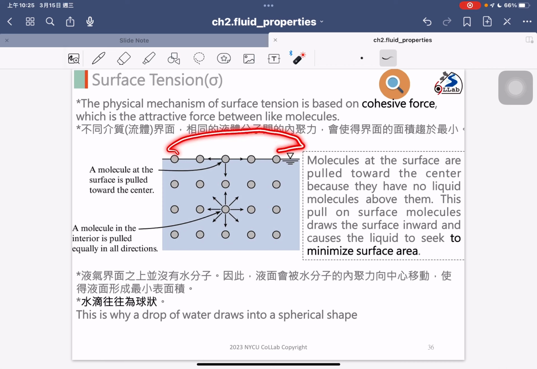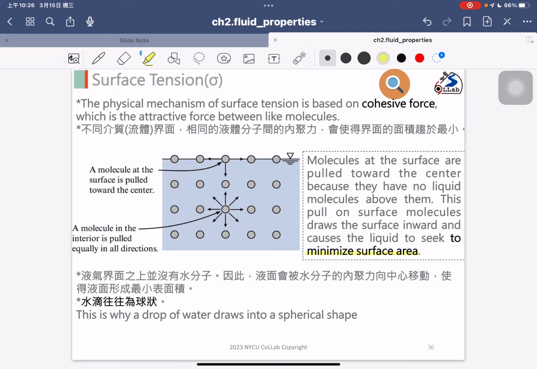Because at the top, there is the air. It's not the same molecules. So we don't have any cohesion force at the top. So this will pull the surface molecules to draw the surface inward and cause the liquid to seek the minimized area.